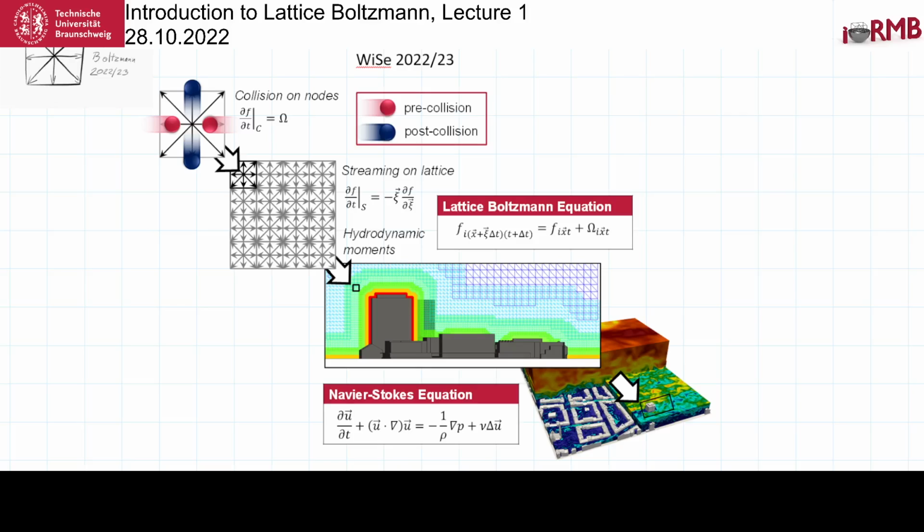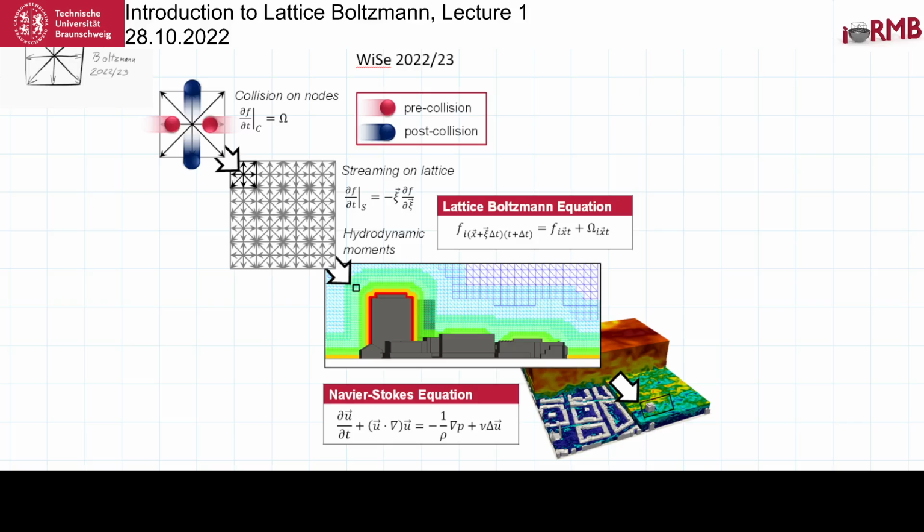So particles are moving around on this, and we make this lattice very large, put this into some geometry, like actually the building that you see here is the building where you're currently in. And then we do this simulation.